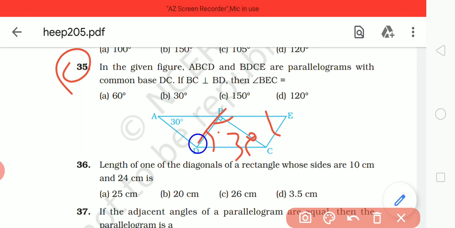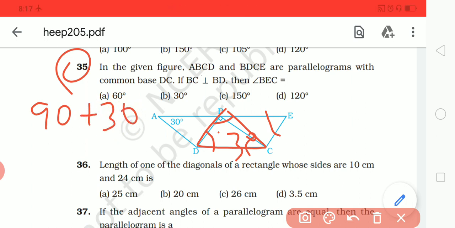So in the triangle BDC, I'm taking this triangle by using the triangle interior angle sum property. Sum of interior angles of the triangle is 180 degrees. So one is 90 which we have been given, second is 30, because opposite angles of the parallelogram BDCE are equal.